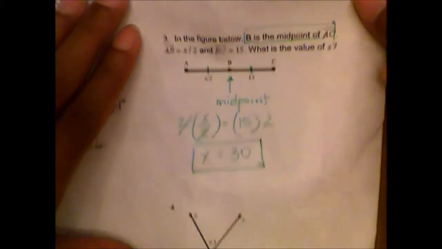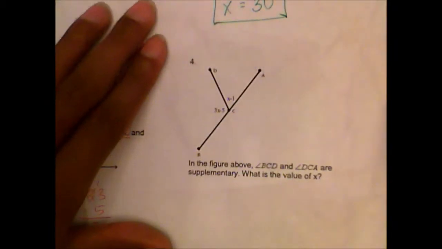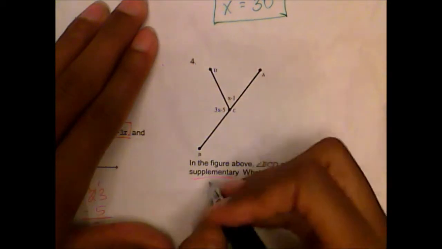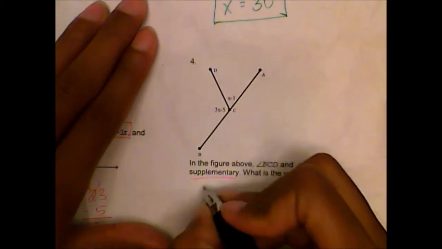Alright, last question, number 4. In the figure above, angle BCD and angle DCA are supplementary. What is the value of x? Anytime you see the word supplement or supplementary, you need to think of 180 degrees.